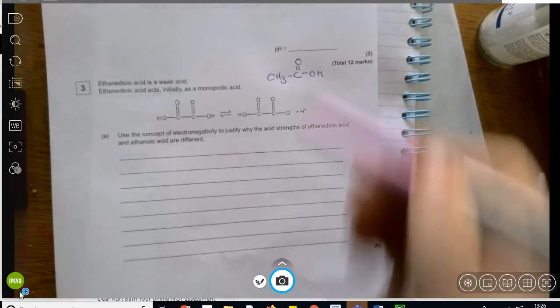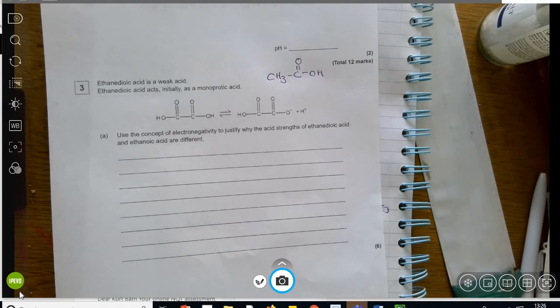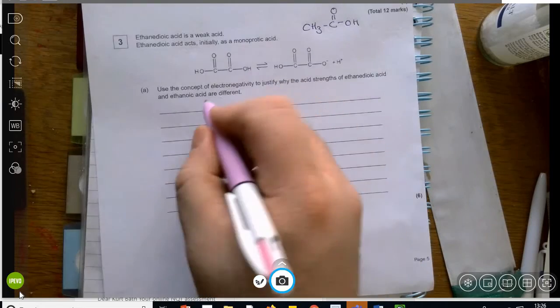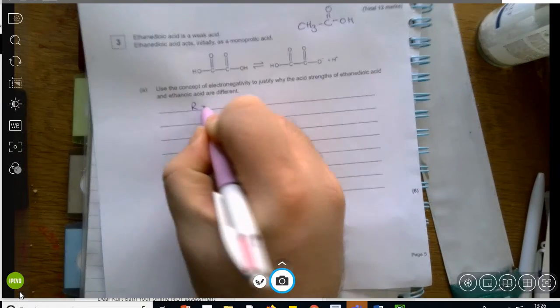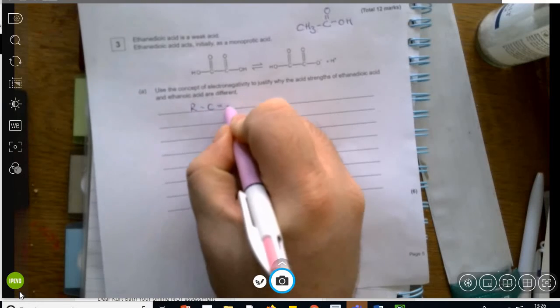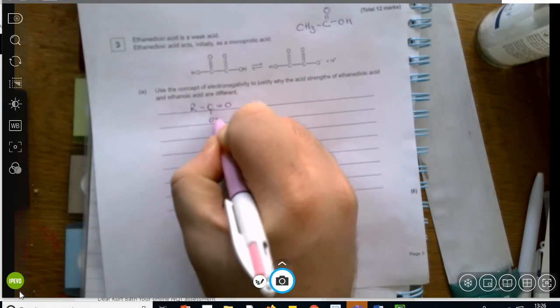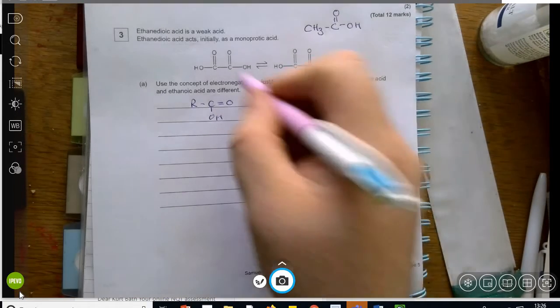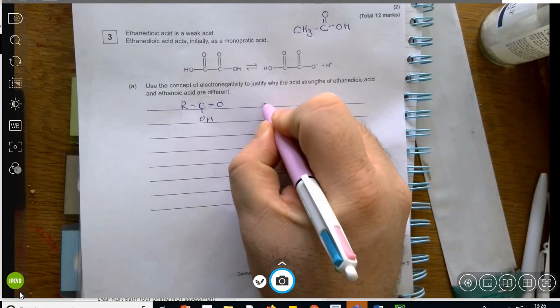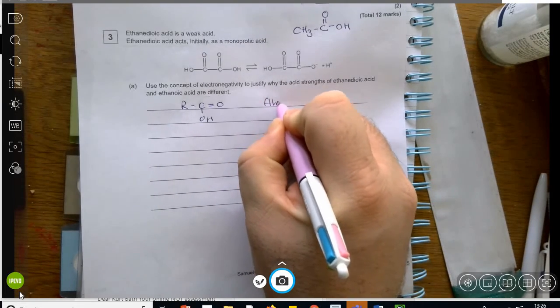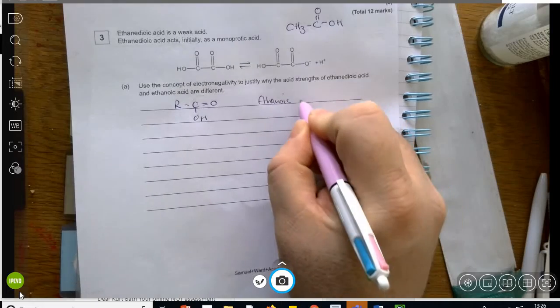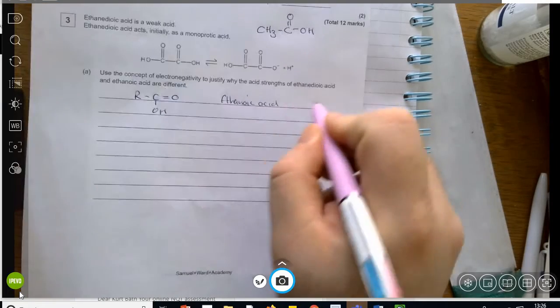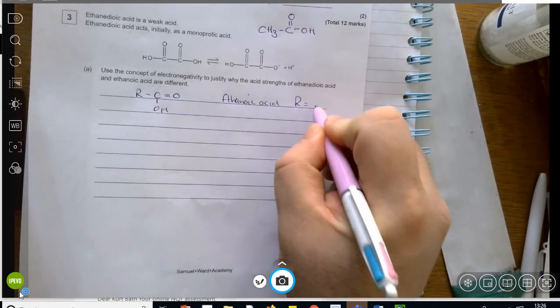Well, how are these two different? What's going to happen? Well, straight away, if we use this as being the definition of an acid, if we compare the R groups, so ethanoic acid, you've got R is equal to CH3.